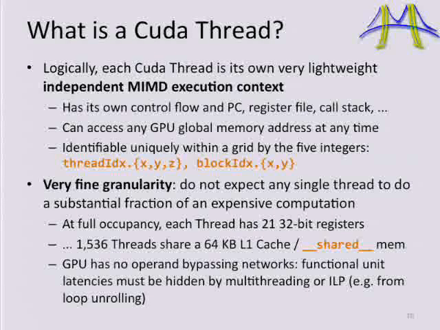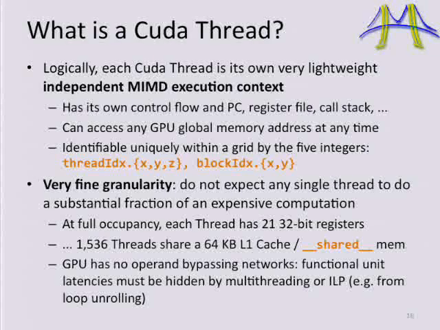The thread index identifies a particular thread within a thread block, and the block index specifies the thread block you're in. So although it is an independent execution context, it's much finer granularity than a CPU thread, in that you need many, many more of these to actually get any work done.